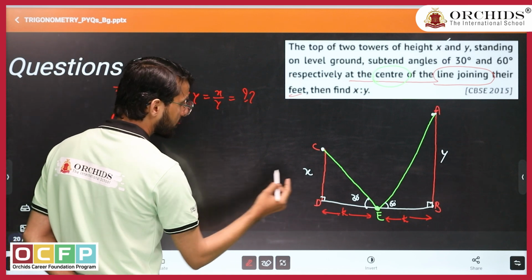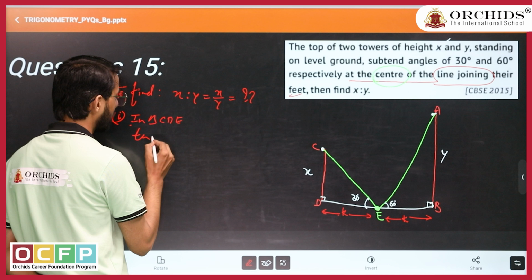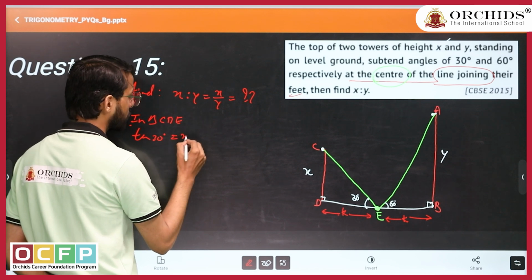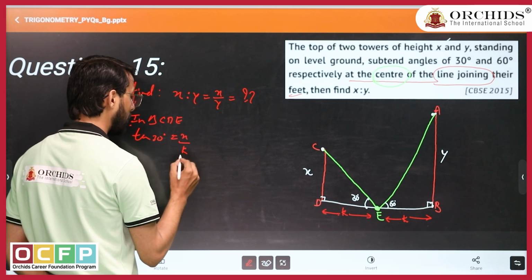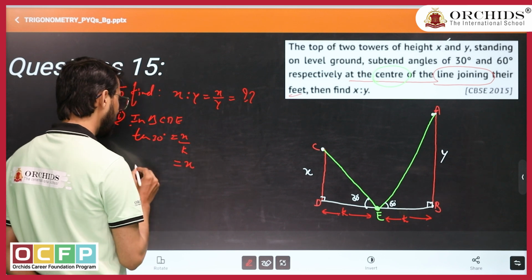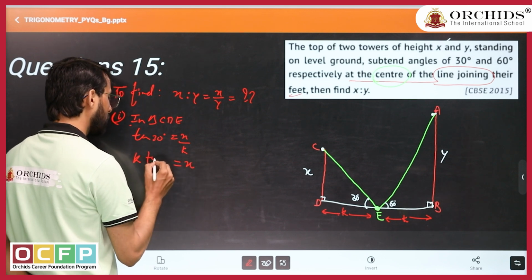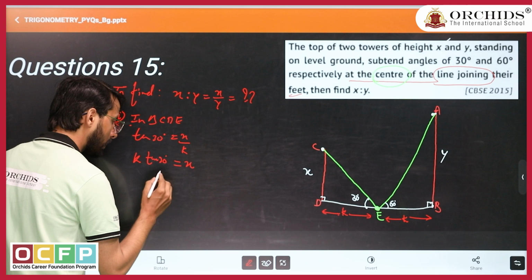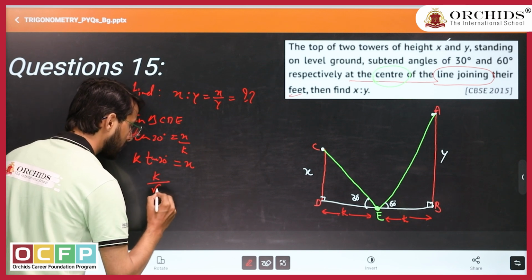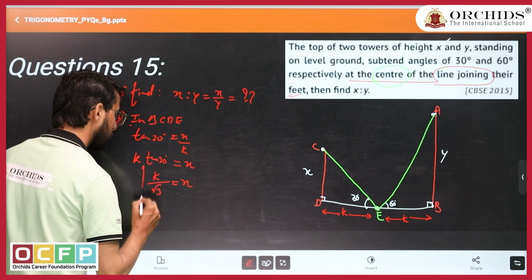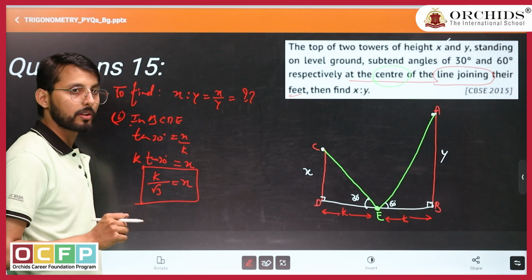Again this is perpendicular, this is base, so I will go with tan. Tan 30 is equals to x by k. So the value of x is k times tan 30, and tan 30 is 1 by root 3, so k by root 3 is equals to x. This is the value of x I got.